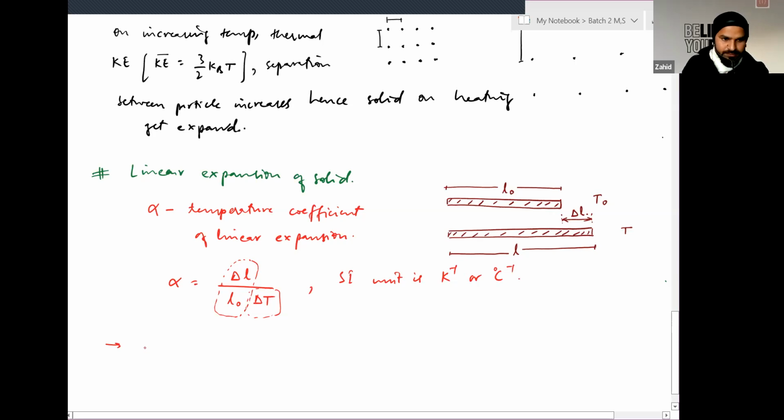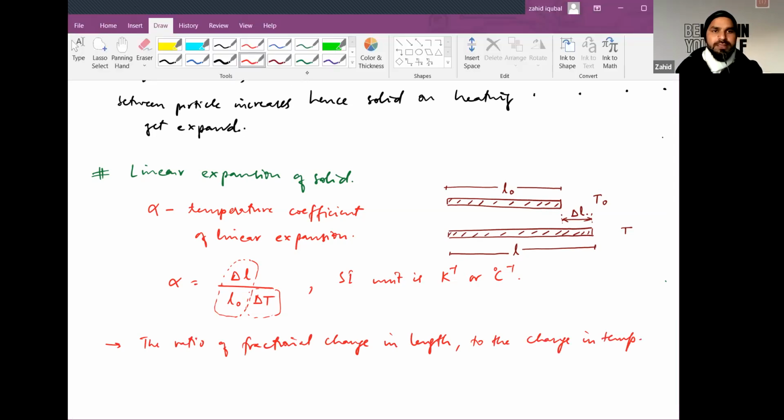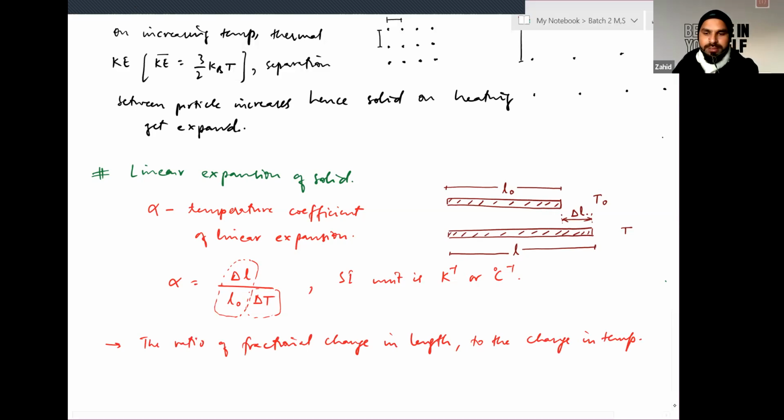It is nothing but the ratio of fractional change in length, that is delta L by L naught, to the change in temperature. Its physical significance is it simply defines at what rate this particular rod would expand or contract on changing temperature.